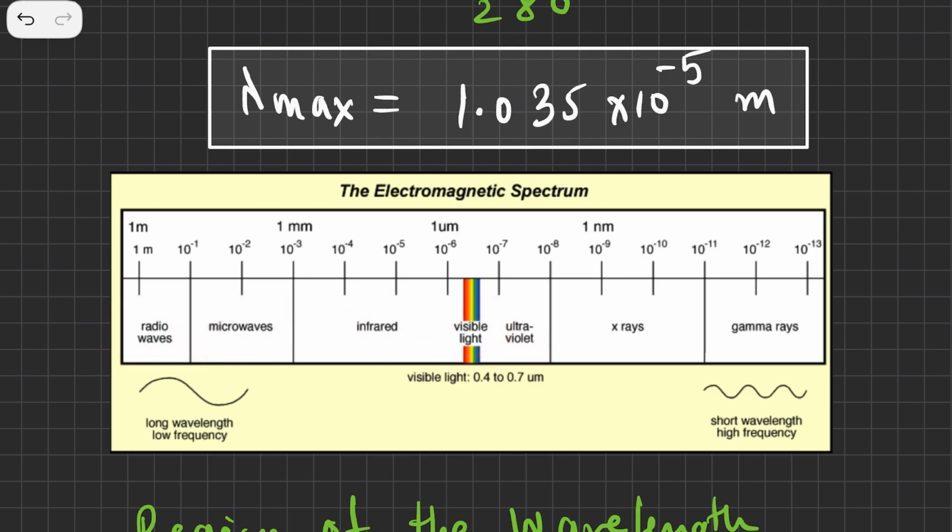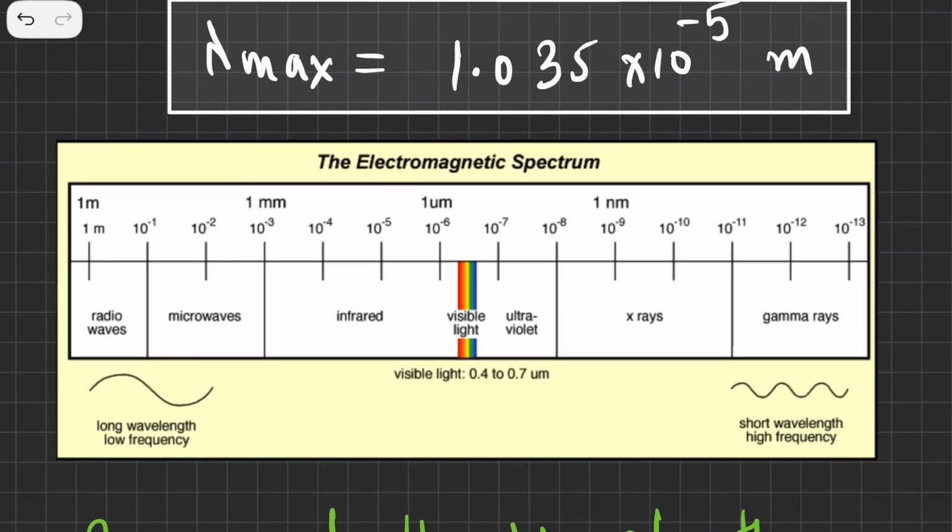The frequency is decreasing as you go down from gamma to radio waves, and the wavelength is increasing as you go down from gamma to radio waves. You can just pause this and have a go at it to understand.